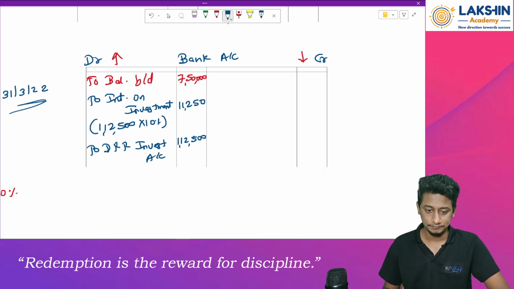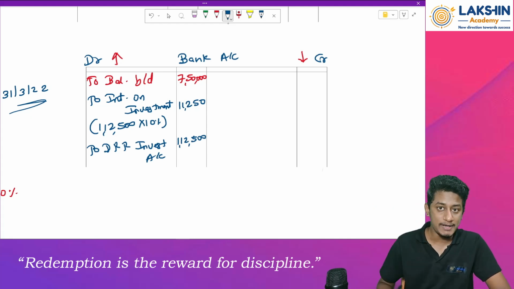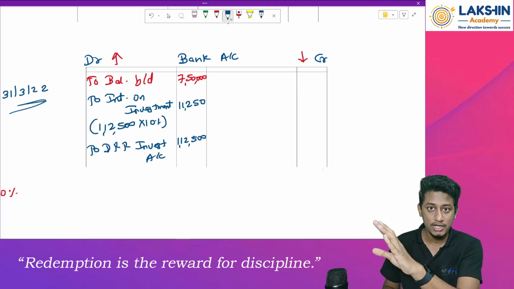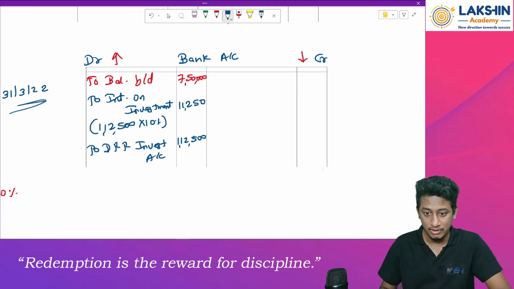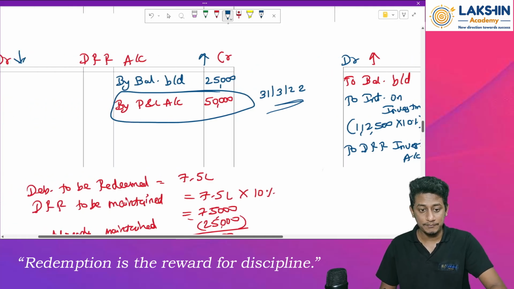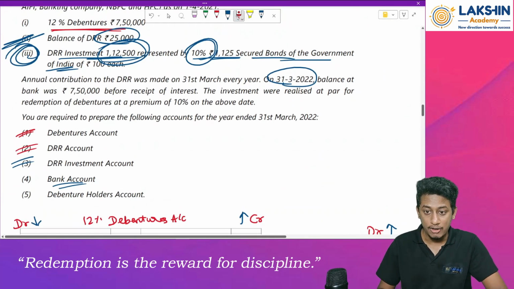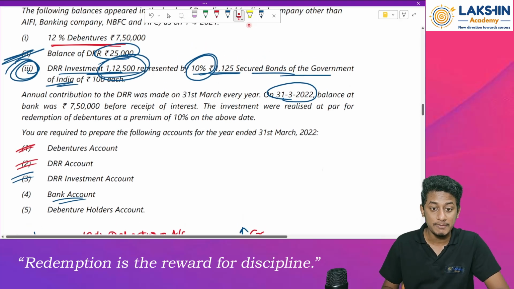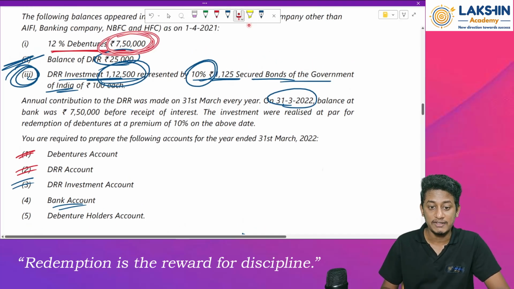Now, we have paid off the debenture holders. Whenever I am paying off the debenture holders, I should pass the entry for the payment. The entry will be by debenture holders. How much will I pay? Will I pay at par or premium? As per the question, the redemption was done at a premium of 10%. How much debentures do I have? Rupees 7,50,000 worth of debentures.